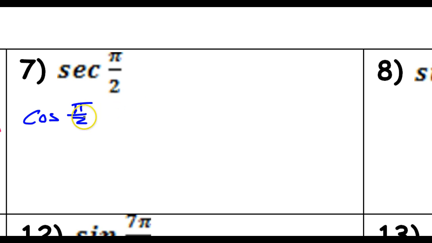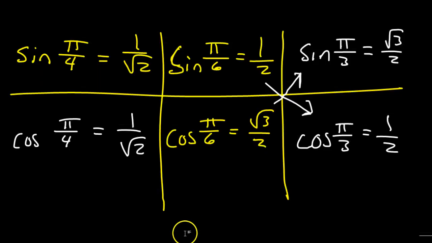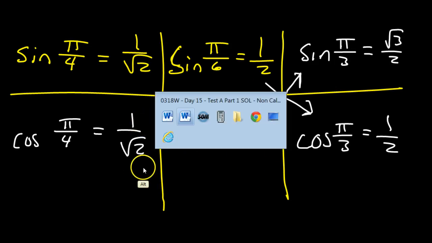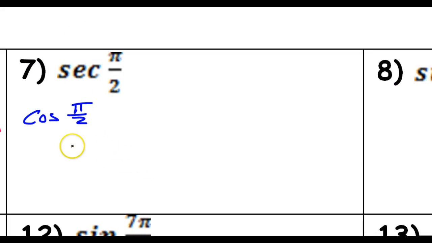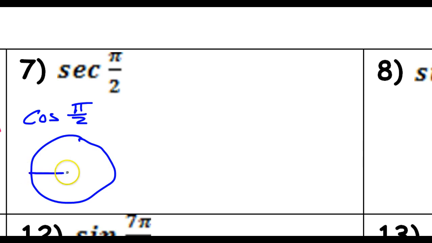So cosine of pi over 2, you'll notice that it is not on our little chart here. We don't have pi over 2's here. The reason why is because it's all about a sketch when you're thinking about pi over 2. All of these points are about coordinates.